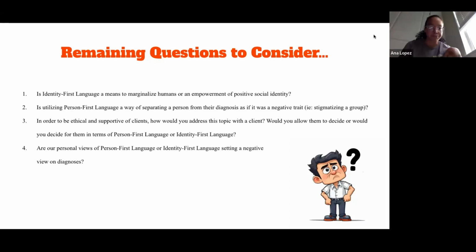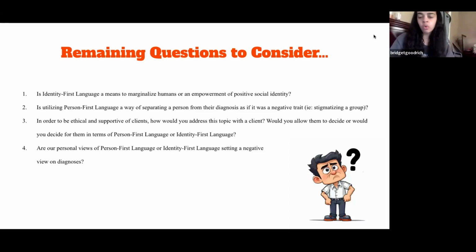I agree. Just to piggyback off of how the language seems to be always evolving and changing and what the correct answer is. I didn't add this as a question just because there's not enough research, at least that I've found on it. But I think with social media and technology becoming more and more prevalent in society, on TikTok, you can see a person talking about their diagnosis and how it's affected their socialization and maybe personal dating life.